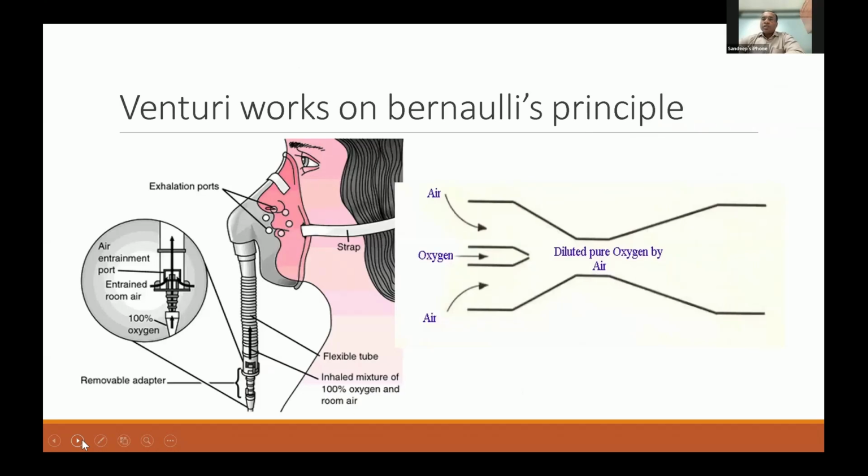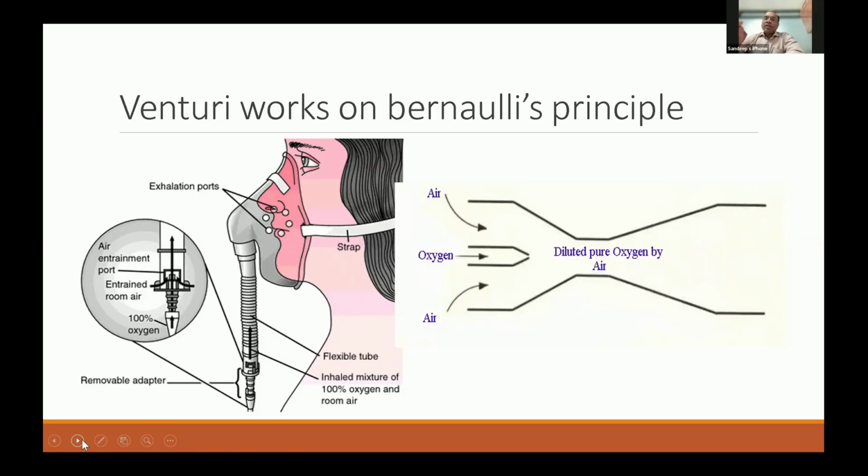What is Bernoulli's principle? If you can see the image on the right side, the principle says if there is a flow of oxygen, in this particular case through a small orifice, it will cause the entrainment of air from the sides, or it will cause a pressure drop where the air will come from the sides. You can again go back and see in your ICU the Venturi device.